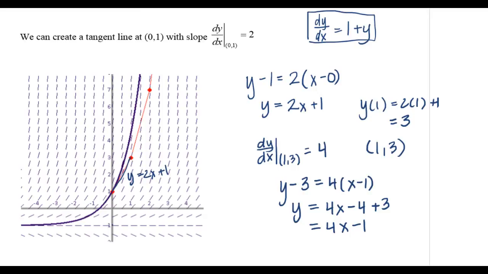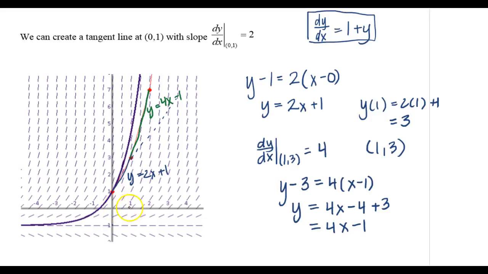So this is now the equation of this second tangent line that now we can see hugs the curve more than if I were to have just continued on with the original tangent line approximation. So this green line segment here comes from the line 4x minus 1, but we're only considering it between 1 and 2.